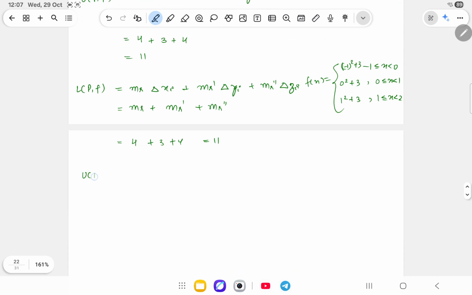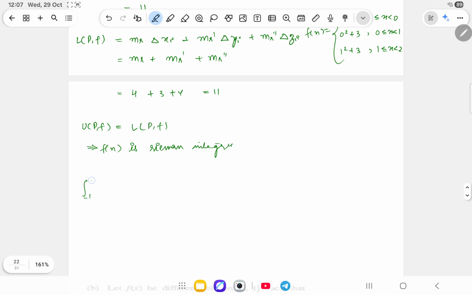So since our upper Riemann sum is equal to our lower Riemann sum, my function f(x) is Riemann integrable.